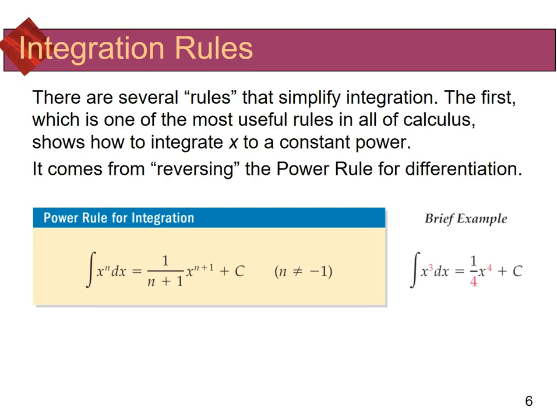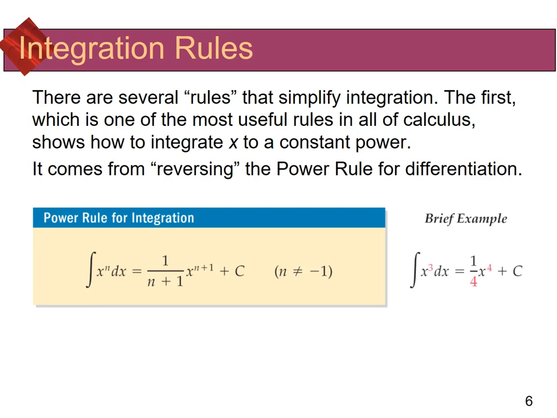Now, there are some basic rules for integrating functions. The first one is the power rule for integration. If I'm taking the integral of x raised to the n power dx, I'm going to add 1 to the exponent. If you remember, with the derivative we subtracted 1, or rather we would multiply by the original exponent and then subtract 1 from the exponent.